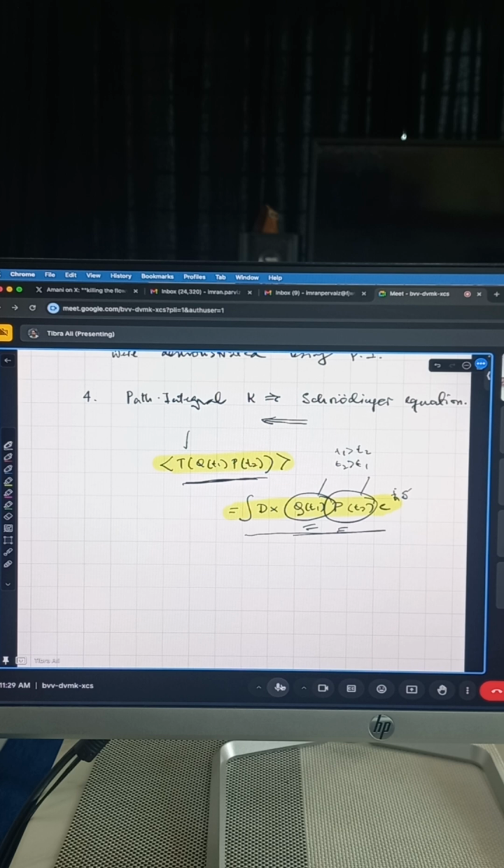The path integral is limited in being able to give you only the time-ordered correlation function. So the action will still be the same classical action.